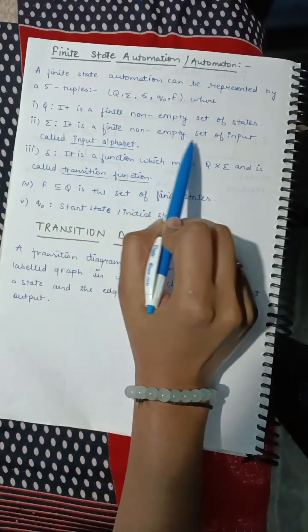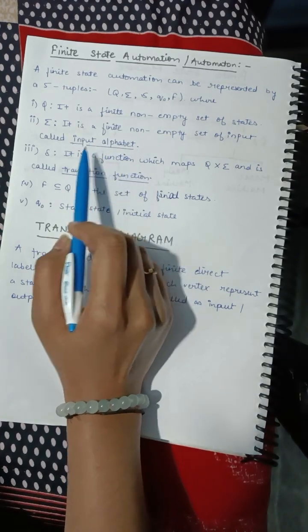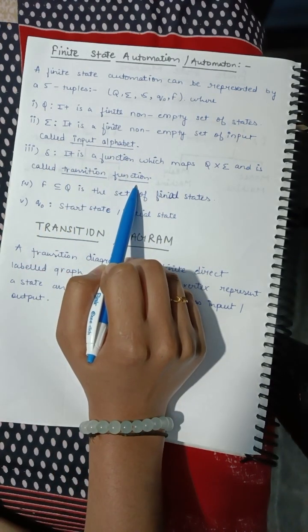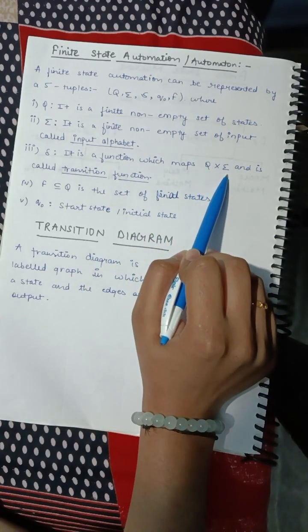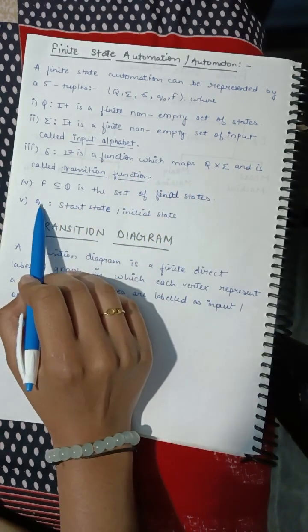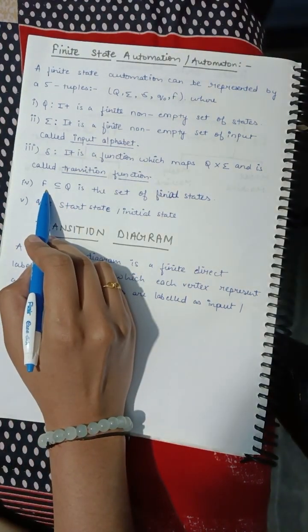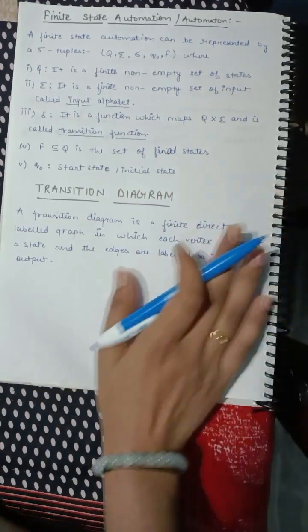Sigma is the non-empty set of input called input alphabet. Delta is a transition function that tells the mapping of Q into sigma. Q naught is the start state, and F belongs to Q, that is the final state.